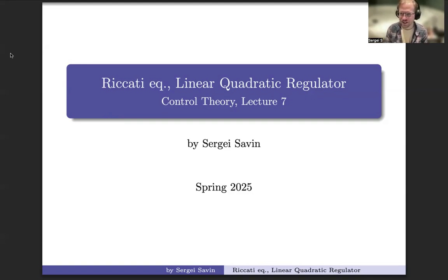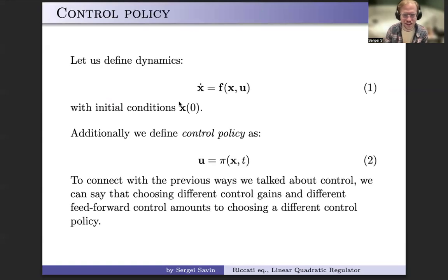Now, let us try to understand what it is. So first of all, we need a new term, which is basically the same as what we already had, but we need the language. So if we describe dynamics in this form, x dot equals f of x and u, notice this is a system of first order differential equations.